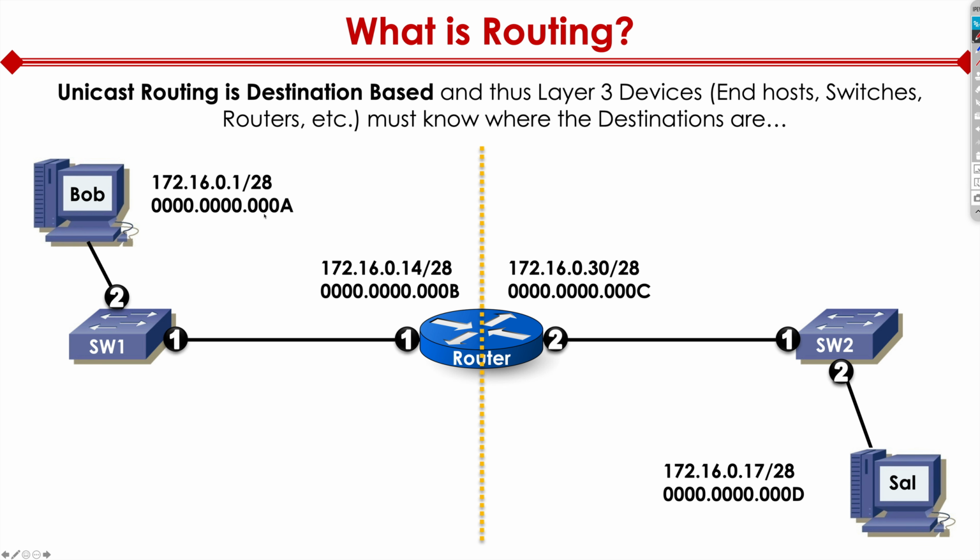Now, if you look at Bob's IP and Sal's IP, on the surface, you might think, well, 172.16.0.1 and 172.16.0.17, they've got to be on the same subnet, right? That's what it seems like. But pay very close attention. You see the /28.